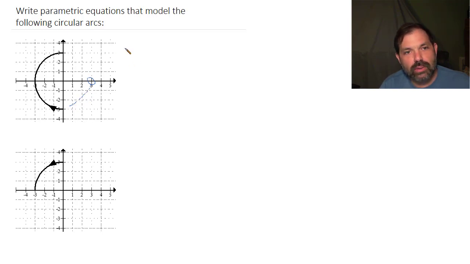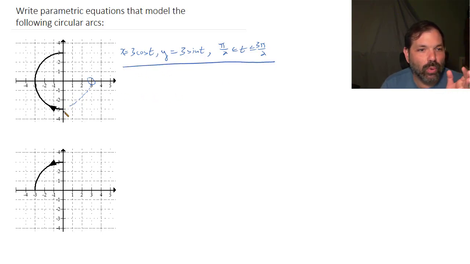So one way to do this would be to let x equal 3 cosine t, and it's rotating clockwise. Let y equal 3 sine t, and let t vary from pi over 2 to 3 pi over 2. That would be one way to do it. Another way would be to say, I know my initial point is (0, -3).